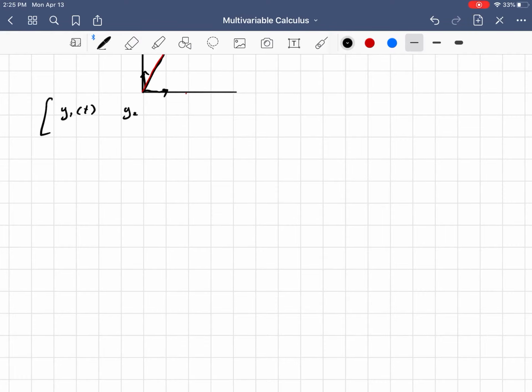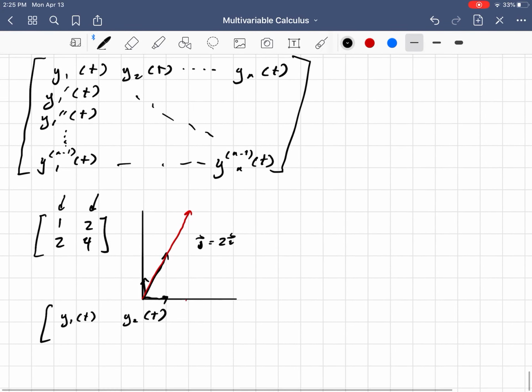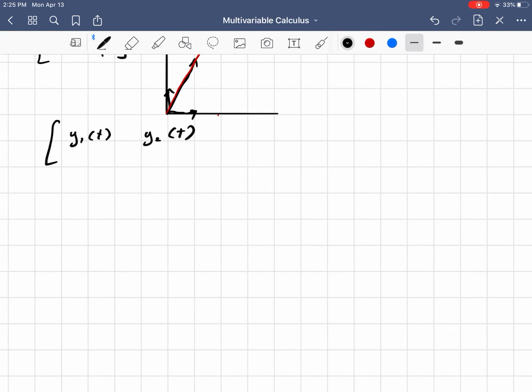So the easiest way to check for linear independence of two solutions, for example, call them y sub 1 and y sub 2 of t, is to take the Wronskian, and based on this general form, the matrix will look like this. So we just have one derivative.